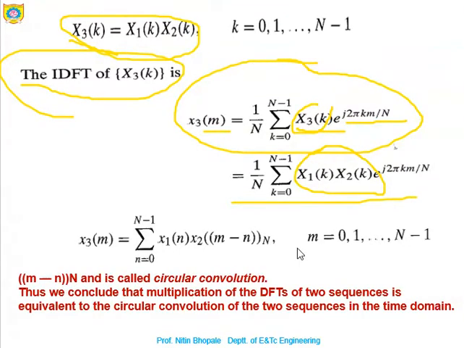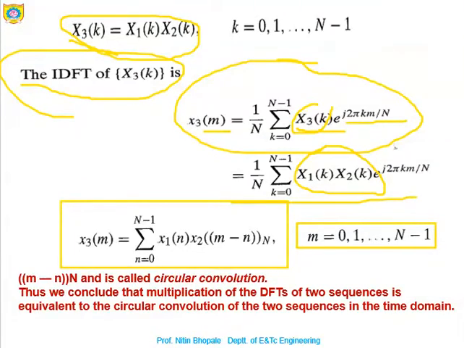So in a summarized way, this expression can be written in terms of the circular convolution like x3 of m is equal to summation n is equal to 0 to N minus 1 x1 of n into x2 of m minus n mod N, where the range of m is from 0 to N minus 1.